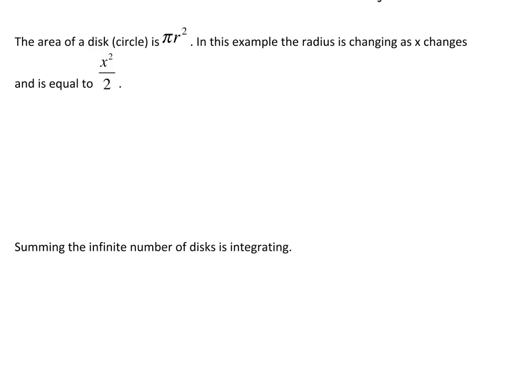So the area of a disk, of any circle, is pi r squared. In this example, the radius, like I just said, is changing as x changes, and is equal to x squared over 2.